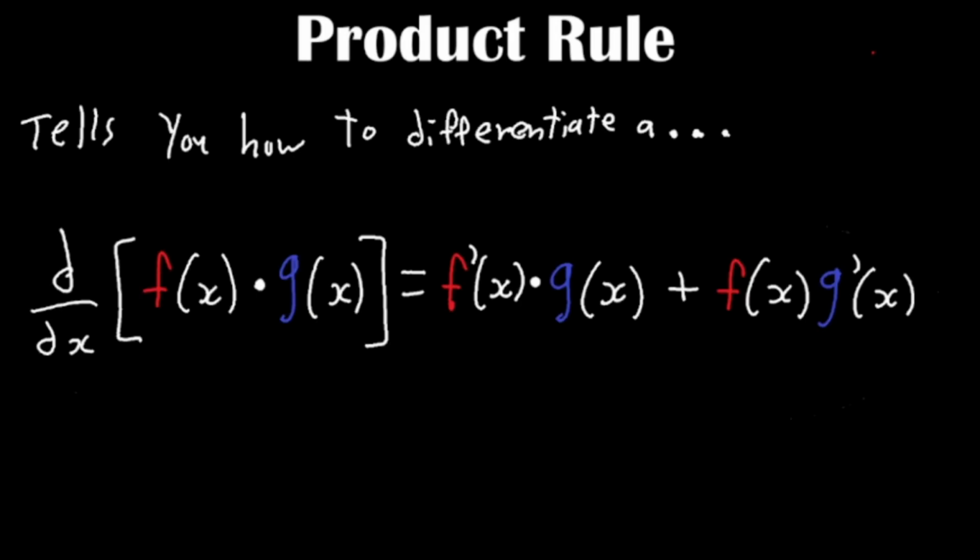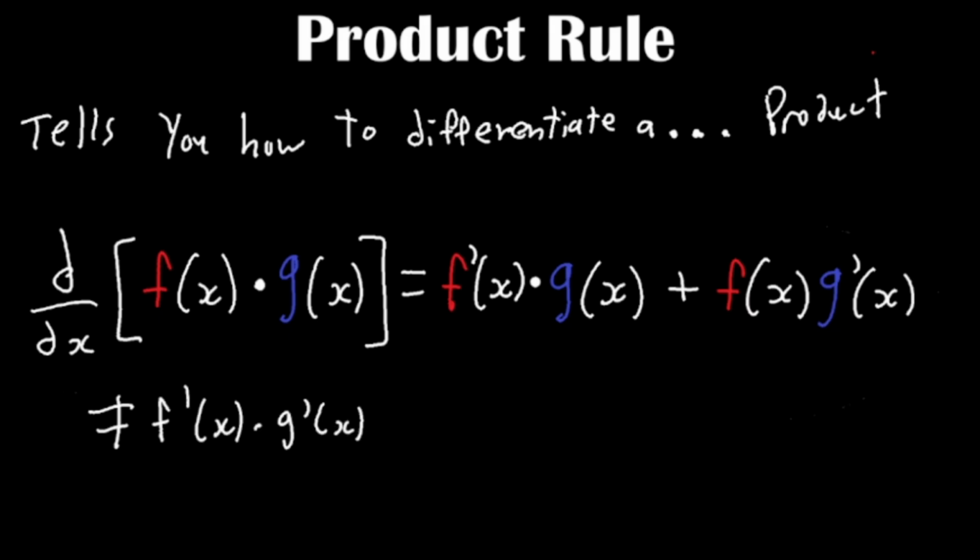Alright, so the product rule tells you how to differentiate a product. So I just like to note, the derivative of f of x times g of x, the derivative of this product, that's not the same thing as f prime of x times g prime of x. That's not the same thing as just multiplying the functions' derivatives.